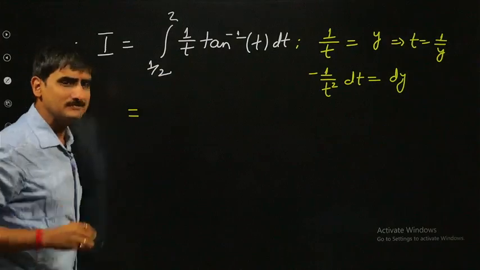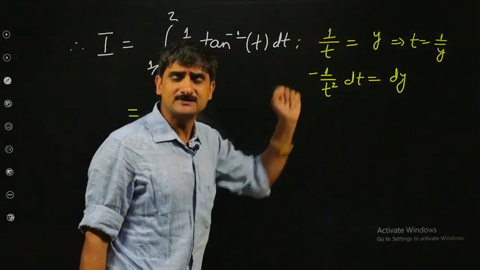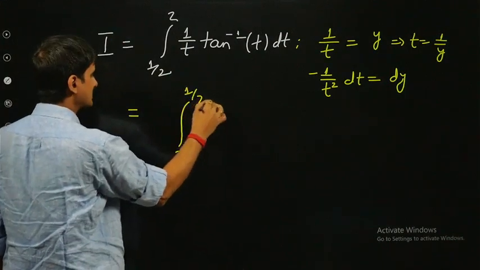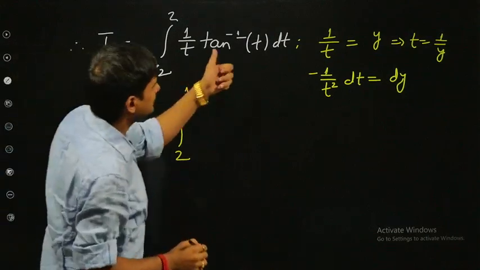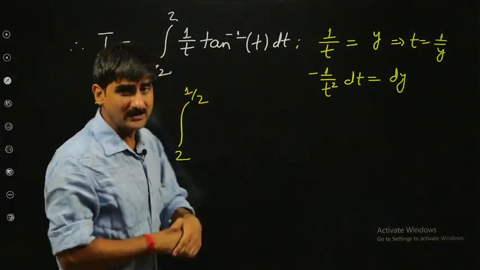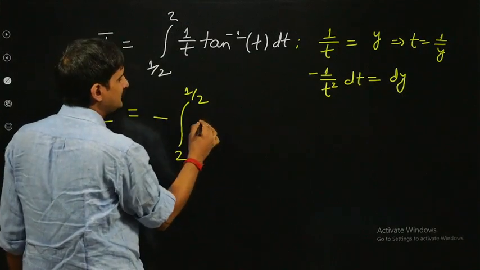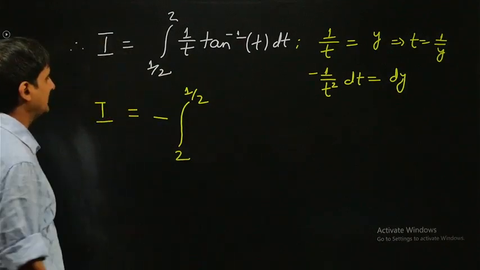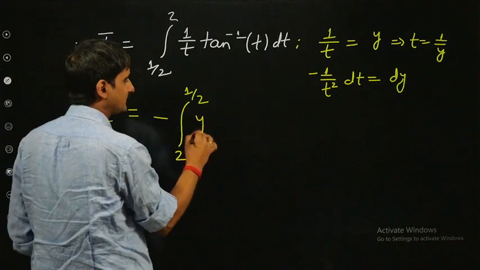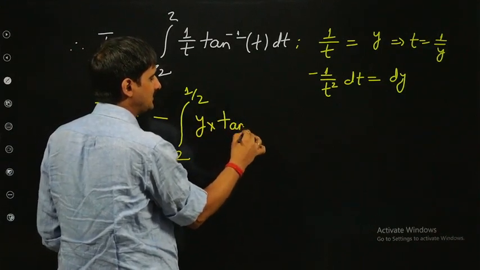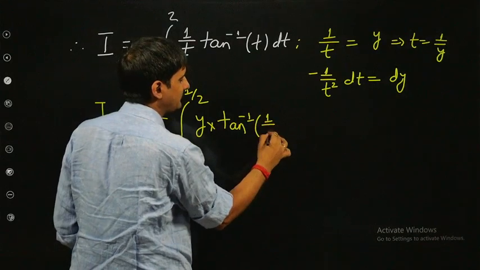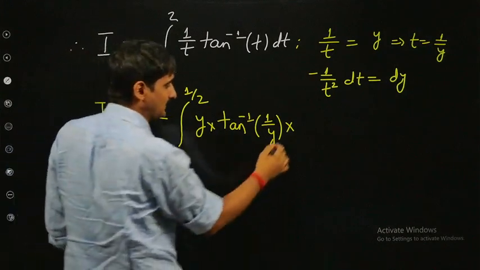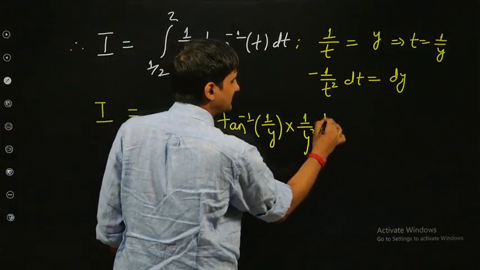Since I considered the reciprocal, the limits will get interchanged, so it's 2 to half, and dt is minus t square dy. So minus, and 1 by t is y, so it's y into tan inverse of 1 by y, and dt is 1 by y square dy.